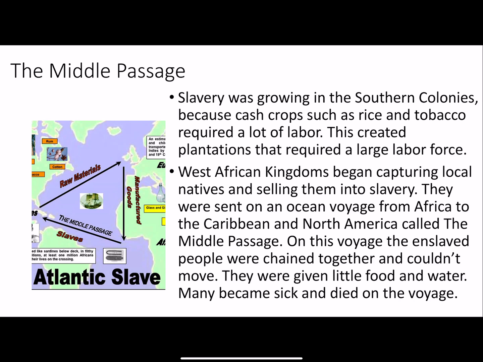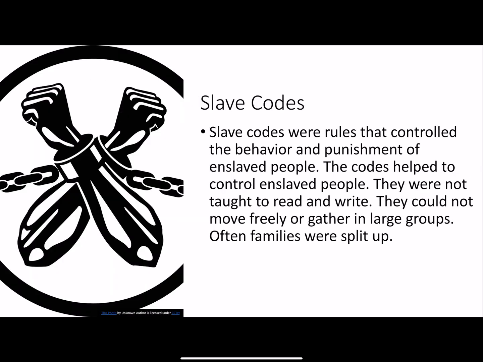So not only were they entering into slavery, which was going to be harsh on them anyway, if they even survived that boat ride from Africa to America. The Middle Passage was a tough thing, and it was often seen as something very negative.